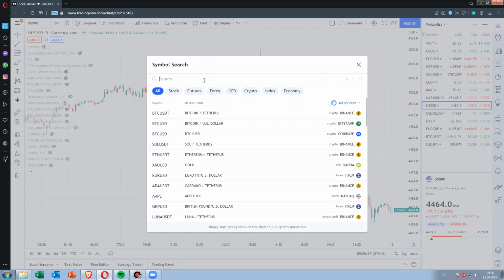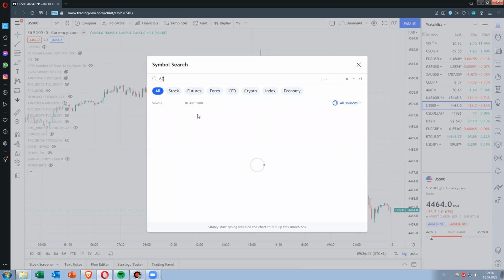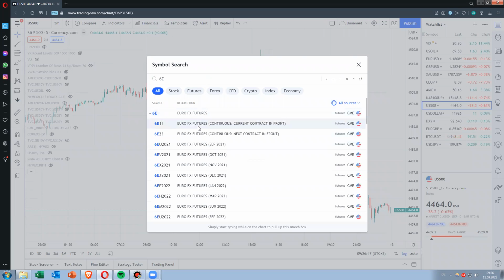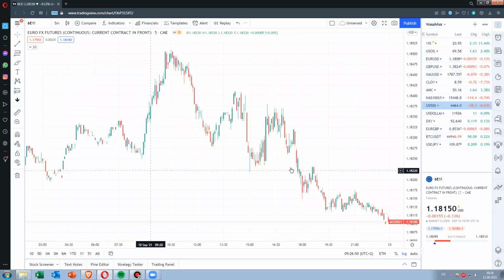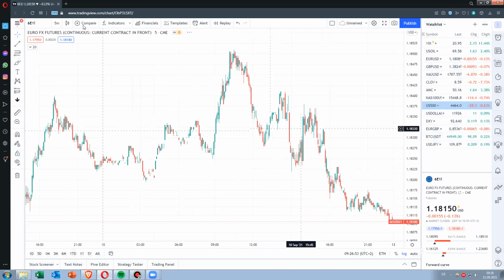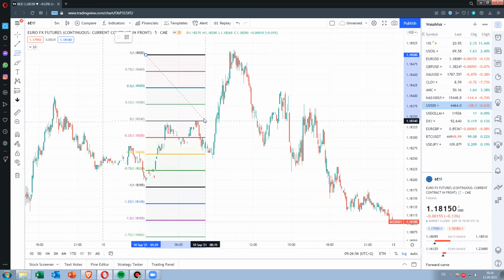Let's just take some random market, like let's take the Euro futures, for example, just for basic trading. You see, this is just basic price action, right? So what I do now is change my fib settings.